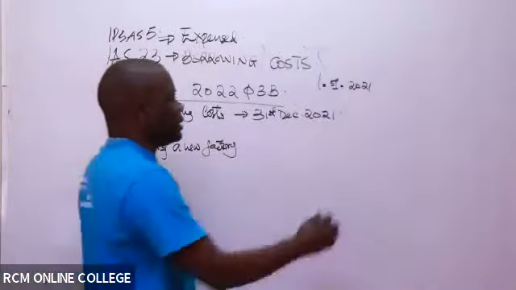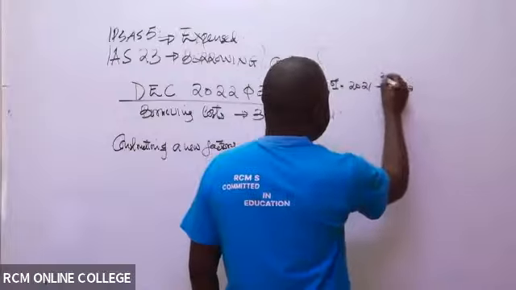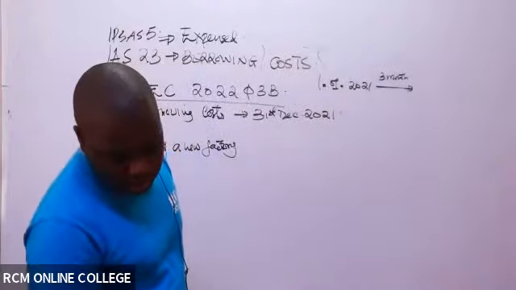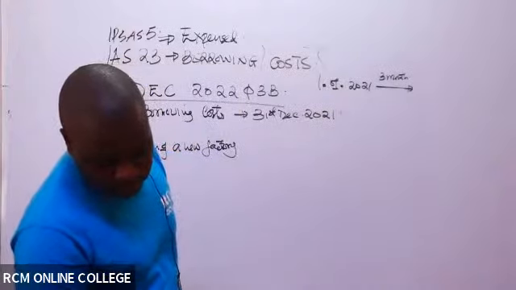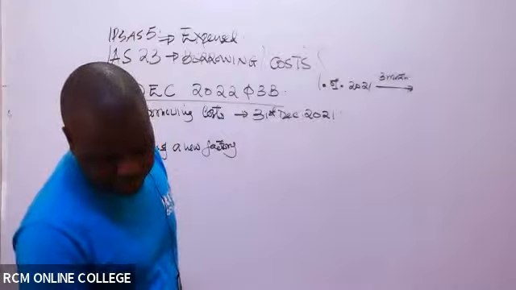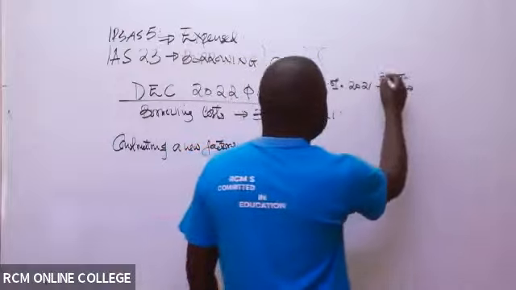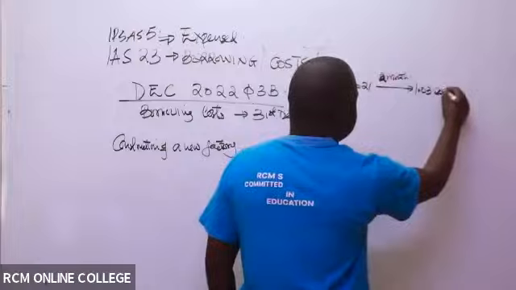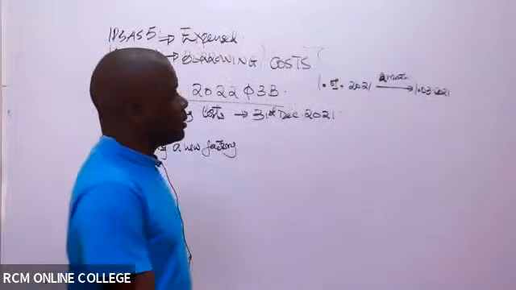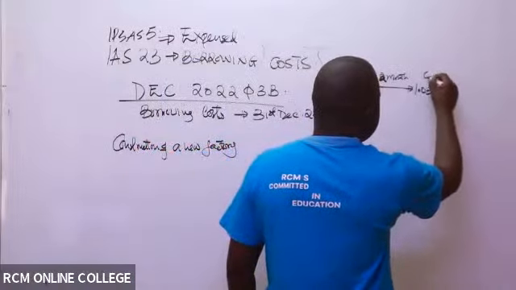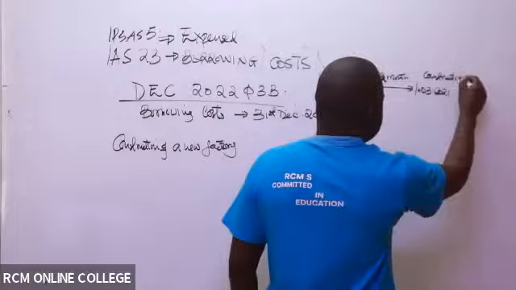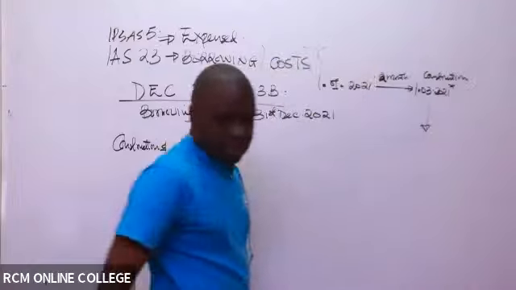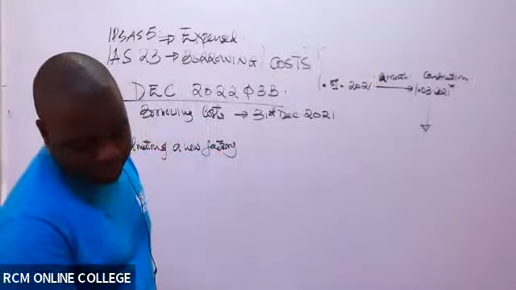But the construction began 2 months later, on 1st of March 2021. This is when there was active construction of the building. Active construction of the building began here. But of course, in this case, they went up to the month of unexpected shortage of skilled labor.